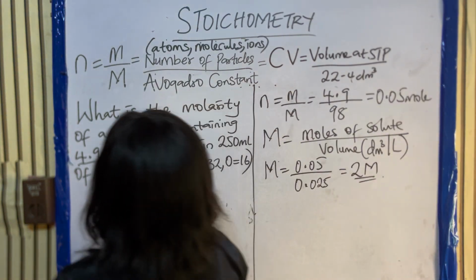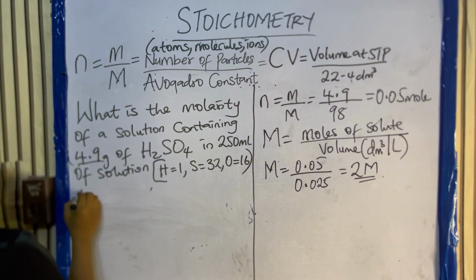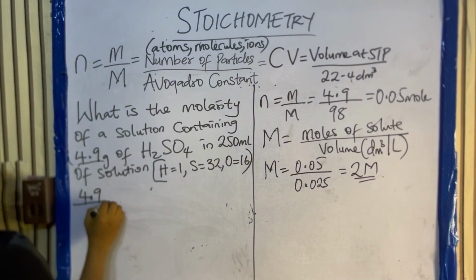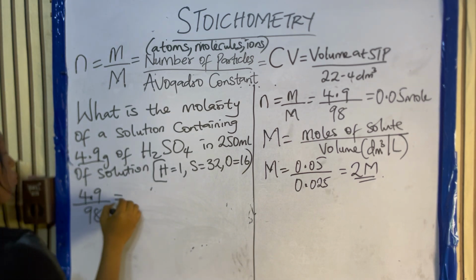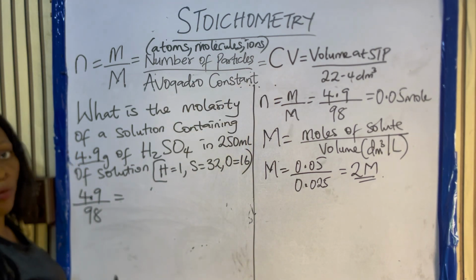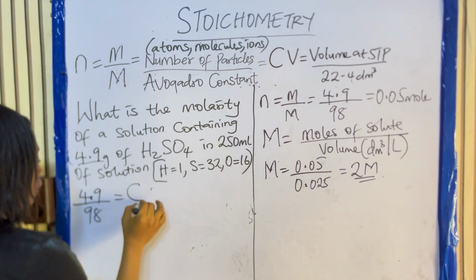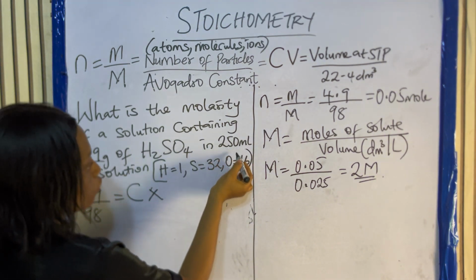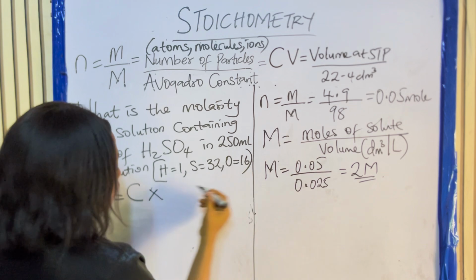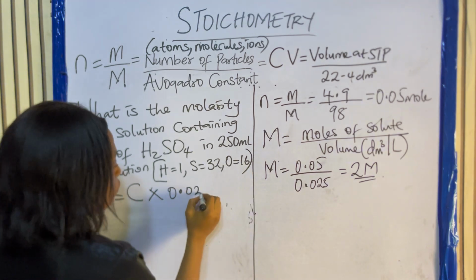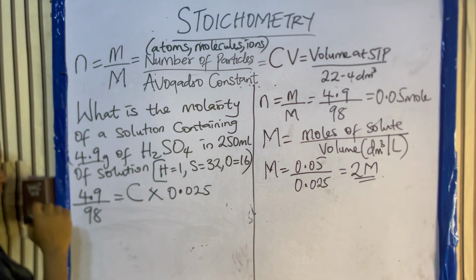So to solve, you have mass 4.9 over molar mass of tetraoxosulfate(VI), which is 98, is equal to concentration in mole per dm cube, or molarity, which is what we are looking for, times volume. Volume is 250. Then if we convert it to dm cube, to liters, it will give us 0.025. So you have that.